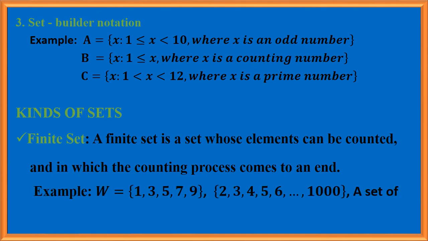For example, if we have set W, which is equal to 1, 3, 5, 7, 9, the last element of W is 9. So it is an example of a finite set. We can also have a set starting from 2, 3, 4, 5, 6, and it continues to 1000. The last element is 1000. So it is also a finite set.